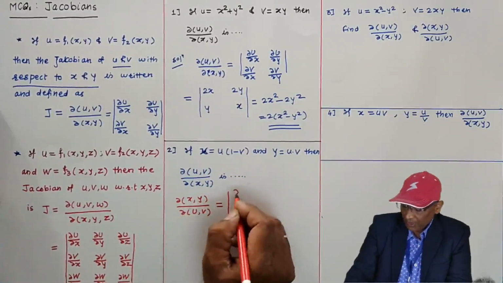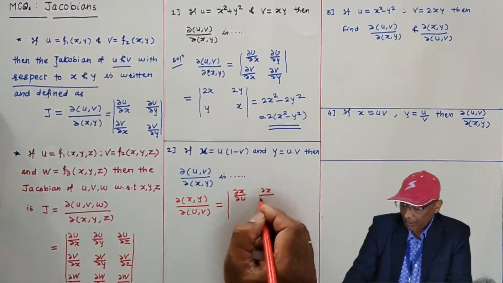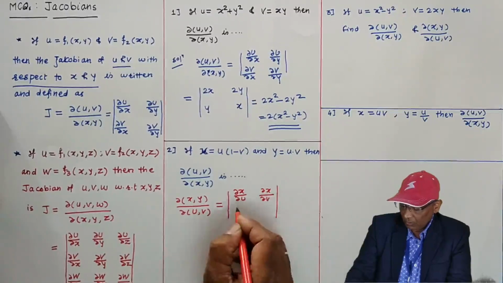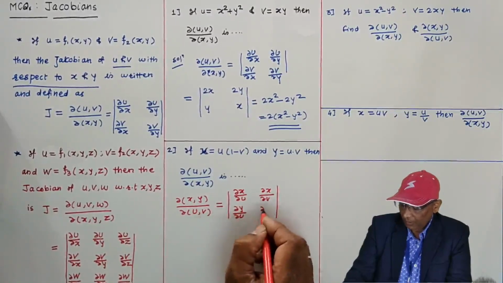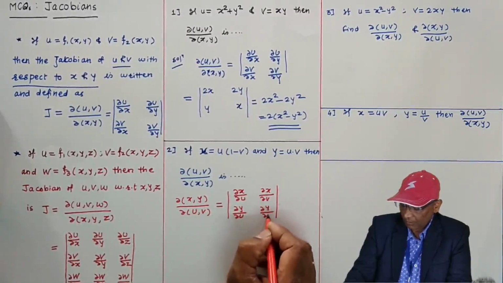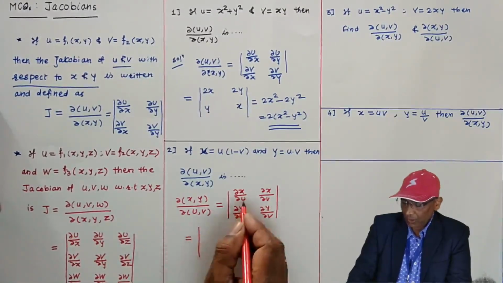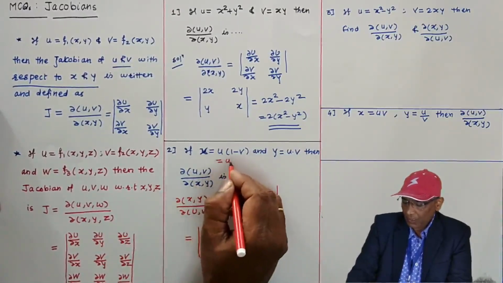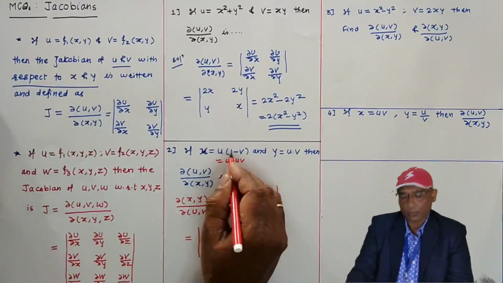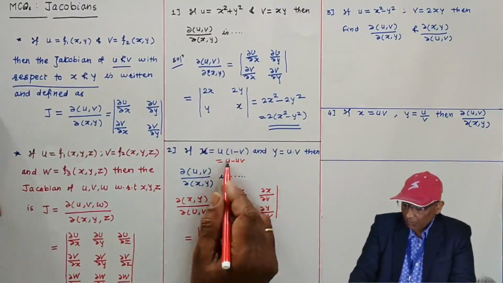So by definition, first row for x, second row for y. Now, del x by del u is what? What is x here? x is u times (1 minus v). The derivative of x with respect to u is 1 minus v.